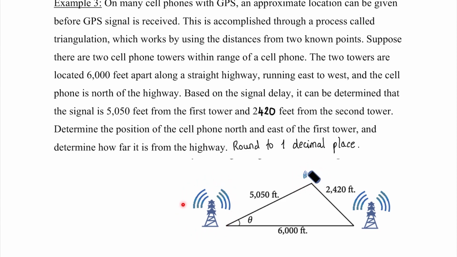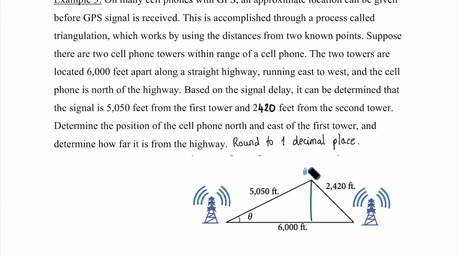So this is my cell phone, and this is my first tower. They want to know how far east and how far north this cell phone is from the first tower. I want to find the green distance and the red distance.